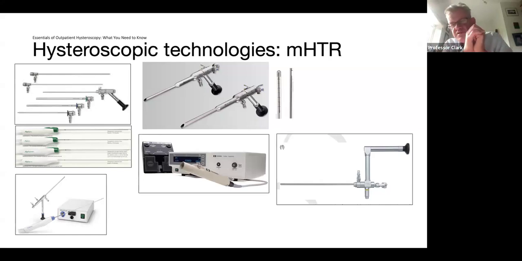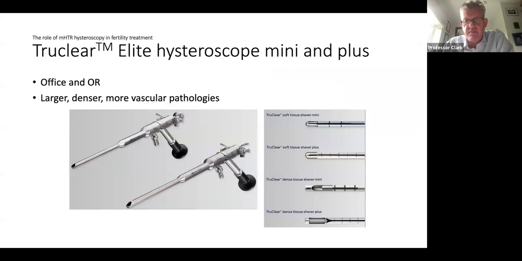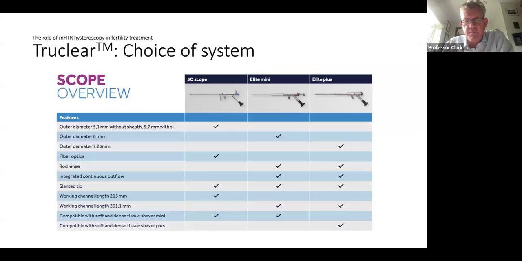So there's a range of options, and it's attached to suction, so it allows simultaneous aspiration of the tissue down these hollow blades to retrieve the specimen at the same time. And these avoid the need for electrical energy, which can sometimes cause pain or thermal artifact. So these have been gaining increasing popularity.